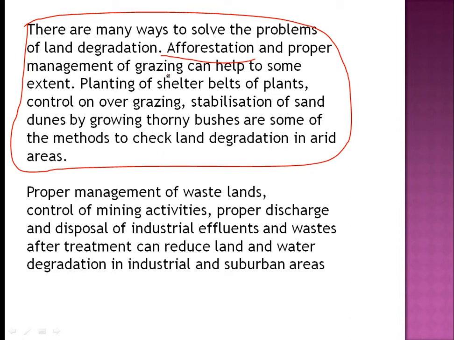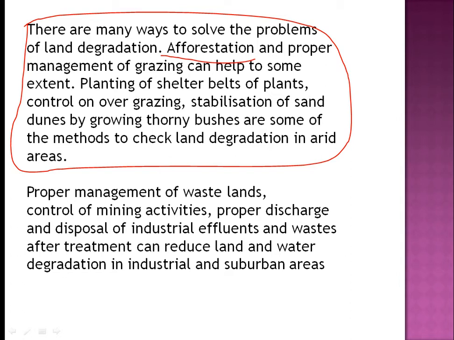So in that, first I told you to write the different human activities which lead to land degradation, and after that the conservation measures: afforestation, management of the grazing land in a proper way, then planting of shelter belts, control over grazing, and stabilization of sand dunes by growing thorny bushes.